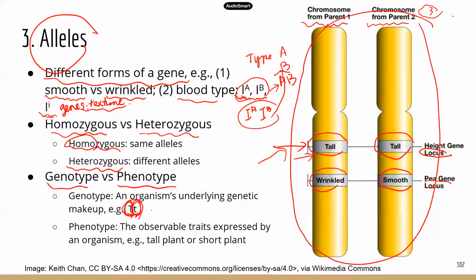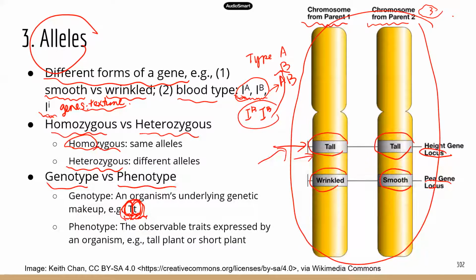So you need to use the letters to indicate what exactly alleles this organism has. Right? So genotype is the genetic makeup indicated by the letters to show the different alleles.